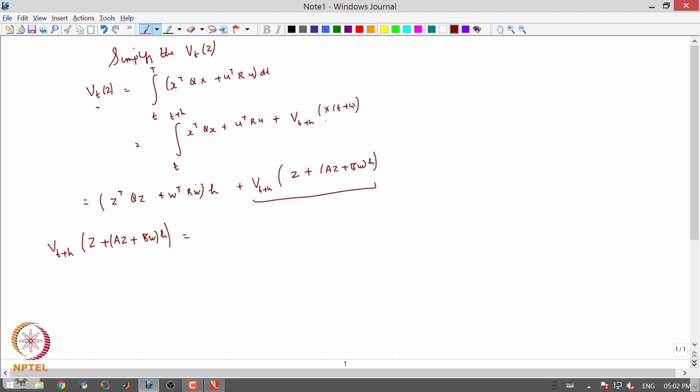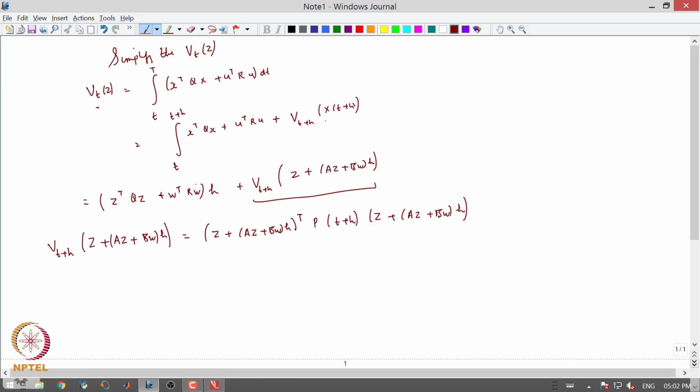So, this will be z plus (Az plus Bw)h, transpose, P now at t plus h, times z plus (Az plus Bw)h.